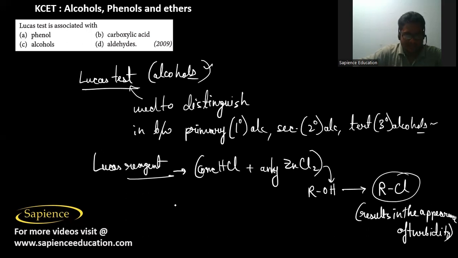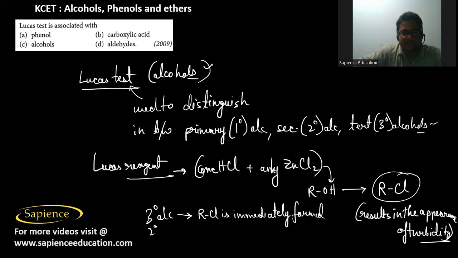So if a 3 degree alcohol is used, then this alkyl chloride is immediately formed. It means the turbidity also will be immediately formed.